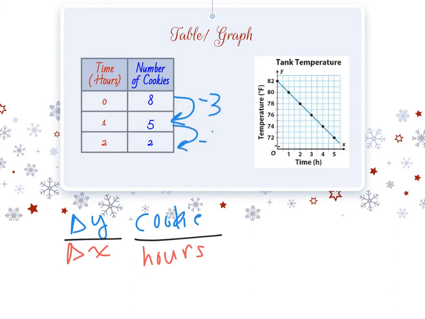From 5 to 3, we're subtracting 3, so that is going to give us a negative 3 for the change in our y values, our cookies. And then for the x's, the hours, that's a change in plus 1. And again, a change in plus 1, so that's positive 1. So basically, somebody is eating 3 cookies per hour.